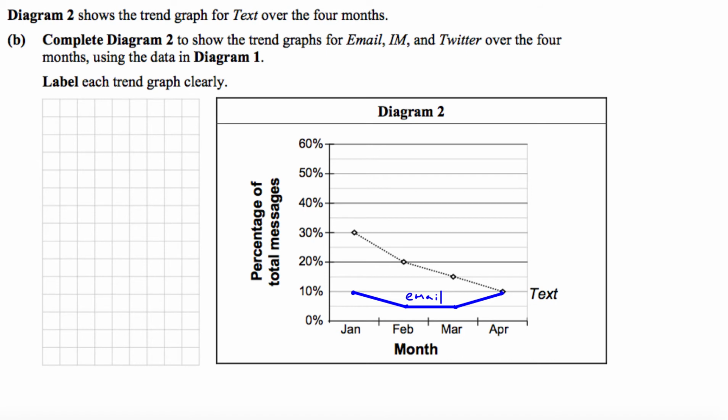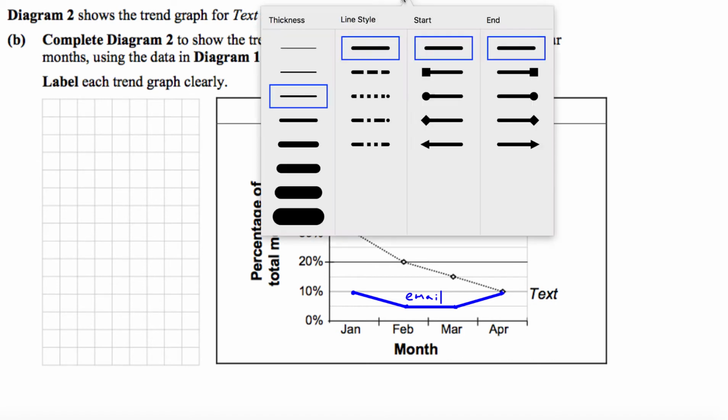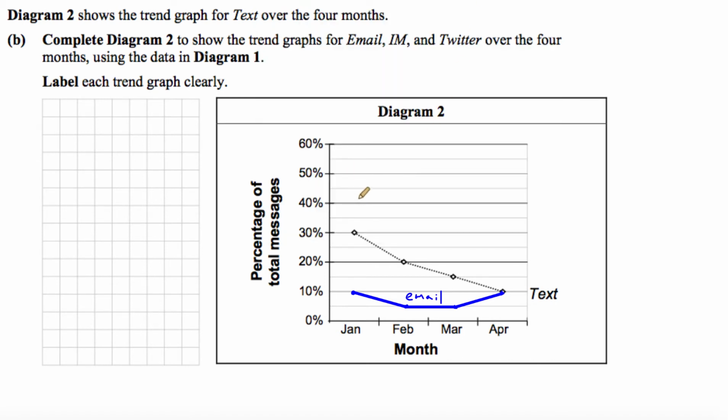For IM we'll do this in red. 40, 50, 50 again, and then 55 in April.